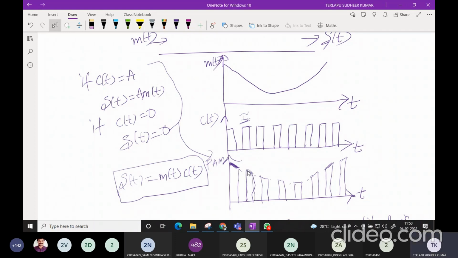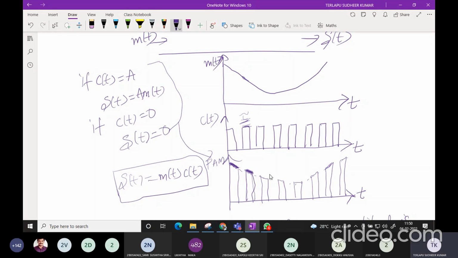Now this top, because it is following M of t, because you are multiplying M of t with C of t, is not a single value. From here to here, it will follow M of t. This top is not flat.